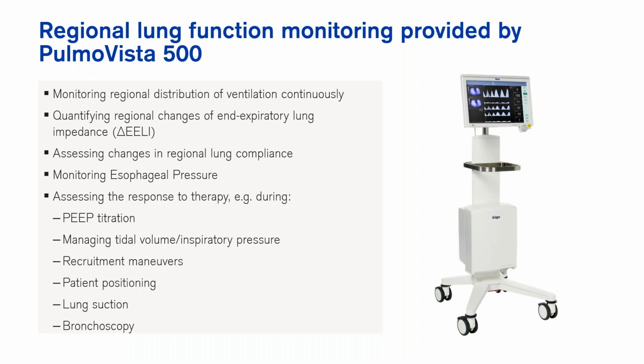It also helps assess the changes in the regional lung compliance. It is now possible to monitor esophageal pressure with PulmoVista. And we also have a webinar on August 5th, where we're going to cover how PulmoVista supports and performs the esophageal and transpulmonary pressure measurements.